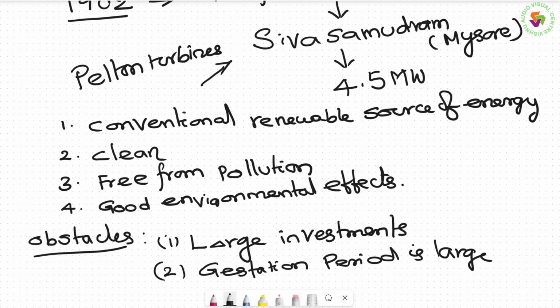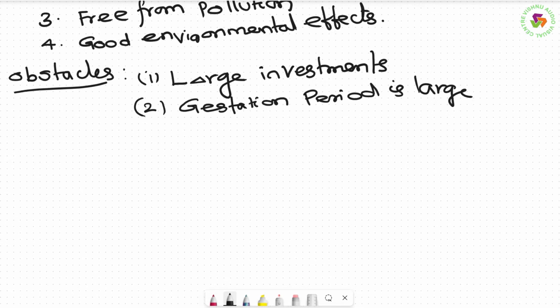It generally takes 10 to 15 years to develop a major hydroelectric power plant. So whatever you are grounding today may yield results only after 10 years. So that much period you need to wait, and that much ahead you need to plan. That is the second problem.